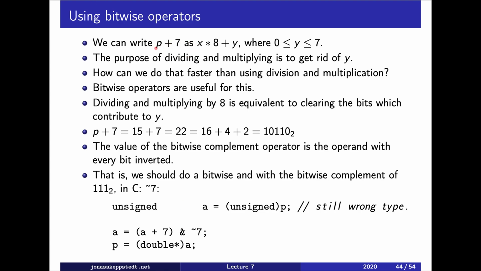Okay, so say we have this again, and what we want to do is to get rid of the 3 lower bits of this expression, because if we do, then it becomes a multiple of 8. And why is it so? Well, if we have any number, we can take this number.